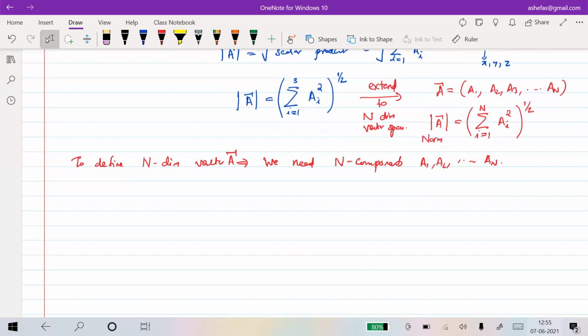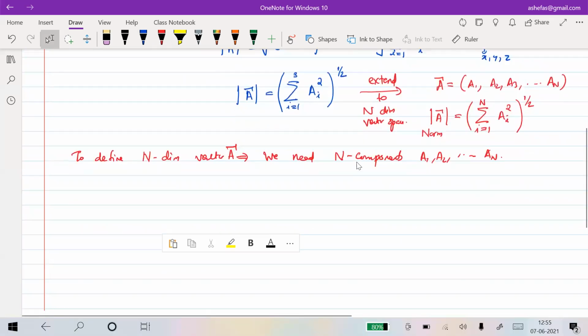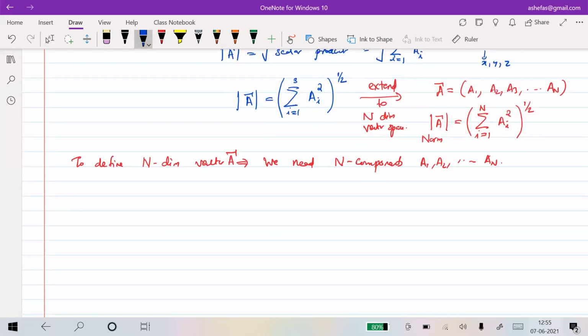Then what about functions? What is a function? Can you treat a function as a vector or not? We have discussed in the last class that it is possible to represent a function as a vector.